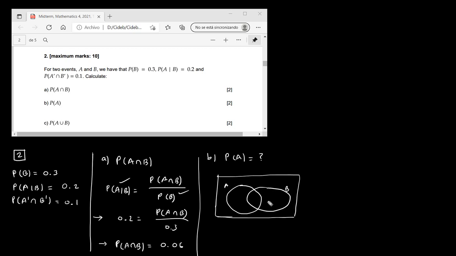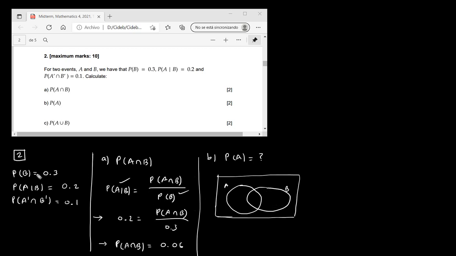This circle represents event A, this one event B. This little intersection here obviously represents the intersection of both of them, and the area that is outside right here represents when neither of the events happen, neither A nor B. Okay, let's reason and see if we can get the probability of A by analyzing the Venn diagram and all the areas that we have already.